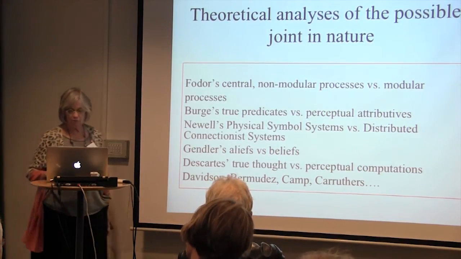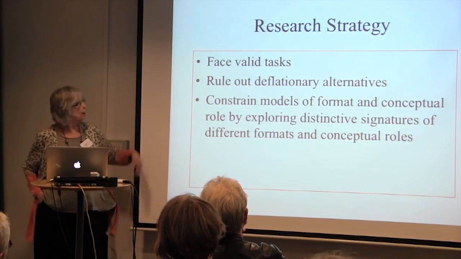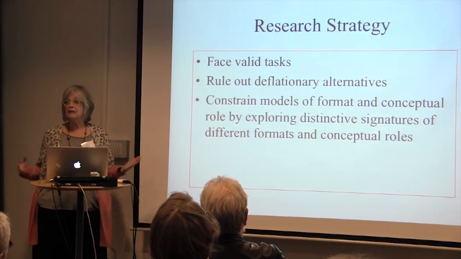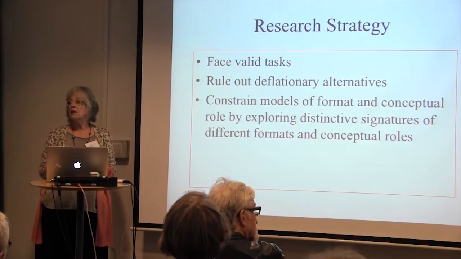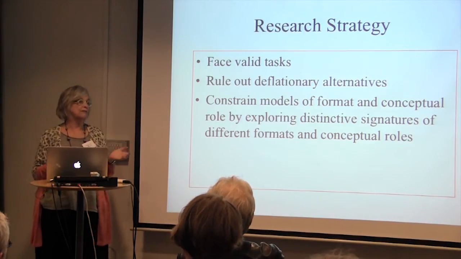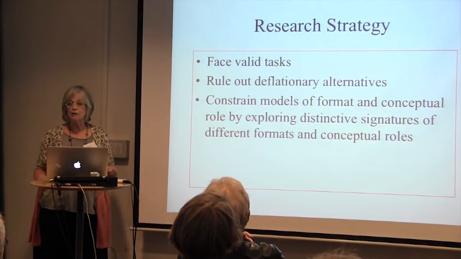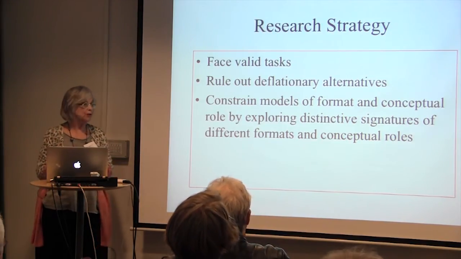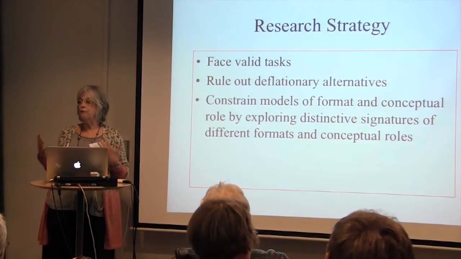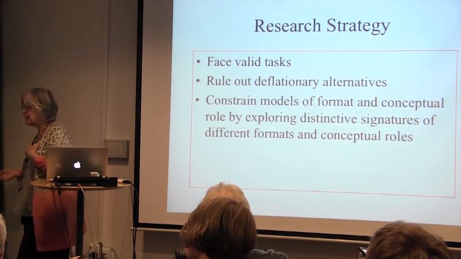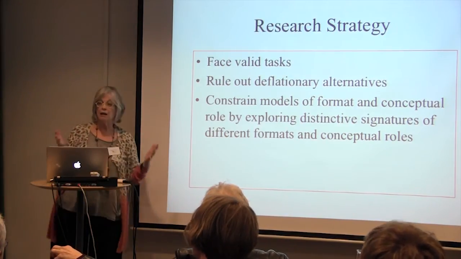Okay? So here's the research strategy. You have to do exactly what you did for number. You have to find a face valid task that might reflect the content in question. So for number, it was habituation to sets of dots that shared a number, or the reaching into the box, or the cracker choice tasks. Then you have to rule out deflationary alternatives. If babies succeed, are they succeeding on the basis of some property of those arrays that's not number, right?